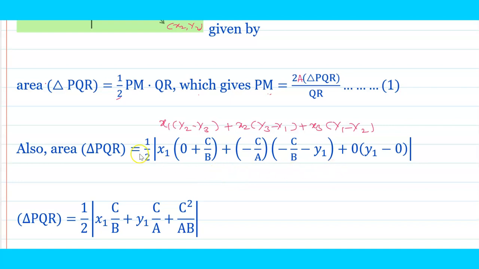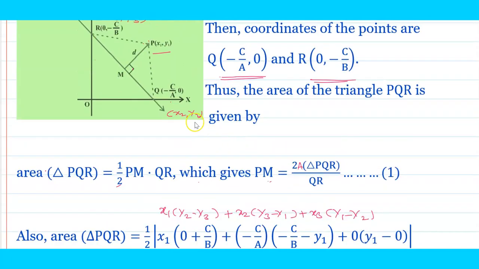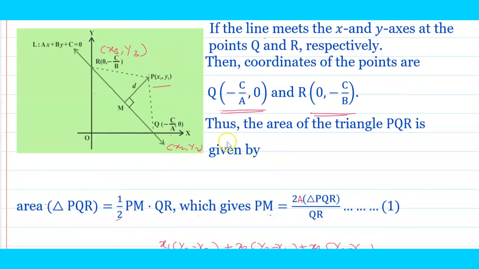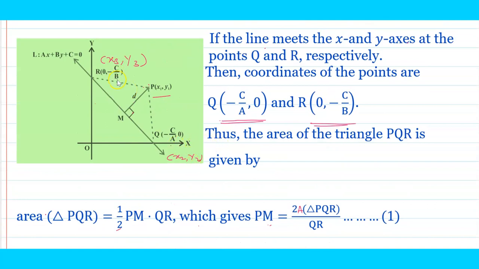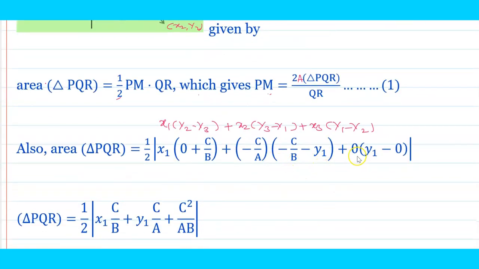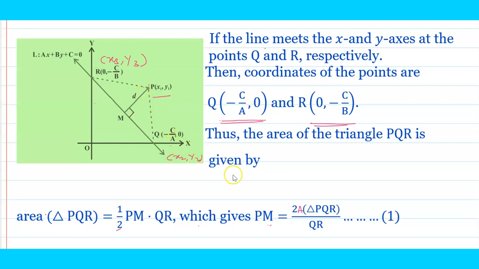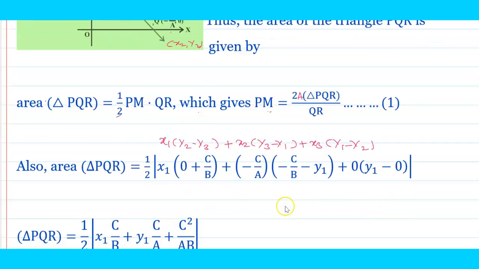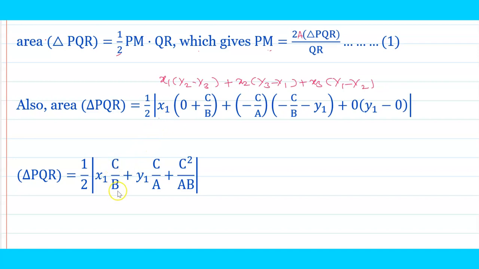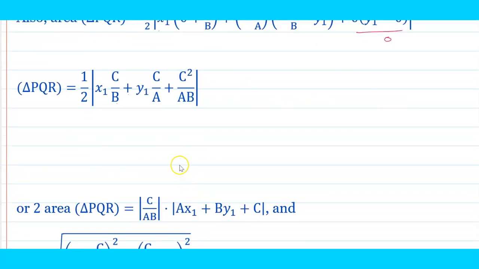If we substitute, we get 1/2 times x1(0 + c/b) + (-c/a)(y3 - y1), where y3 is -c/b, and the last term with x3, which is 0, times (y1 - y2), because y2 is 0. Overall we get 1/2 times x1 c/b plus y1 c/a, since the whole bracket with x3 is 0, and the product of -c/a and -c/b becomes c squared upon ab, because minus times minus becomes plus.